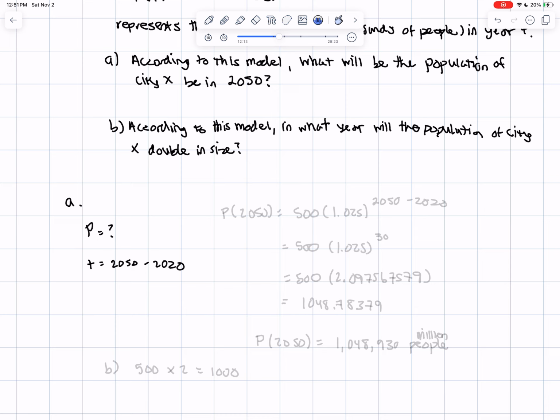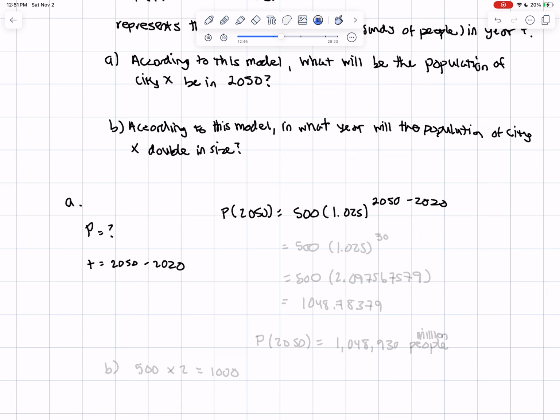And we'll do that in the problem. So we have a lot of other pieces. Now we can put it into our problem. So we're trying to find P, so P of 2050. And they give us 500 and 1.025 to the 2050 minus 2020. So really we're just taking the time that they give us. So 2050 minus 2020 would give 30 years.